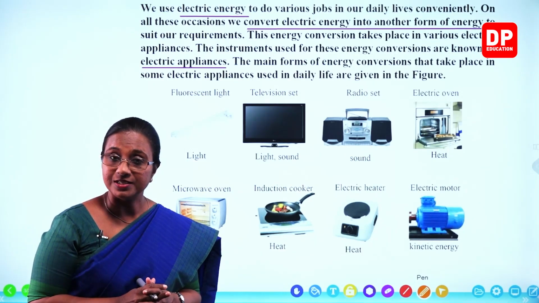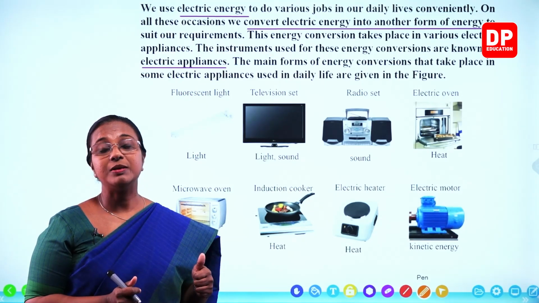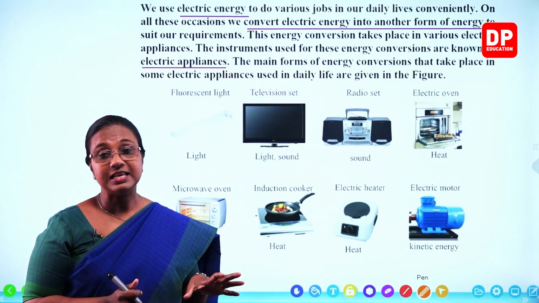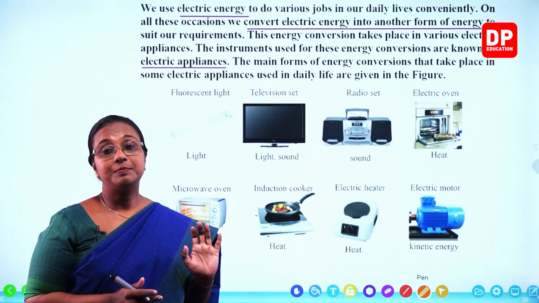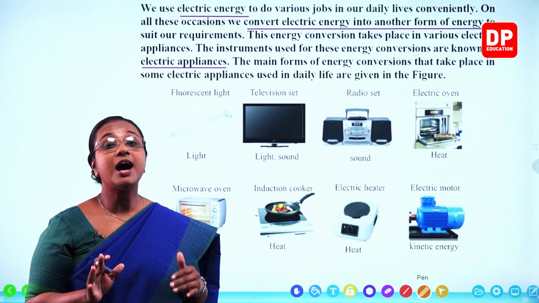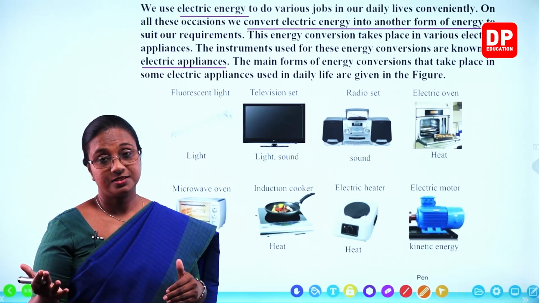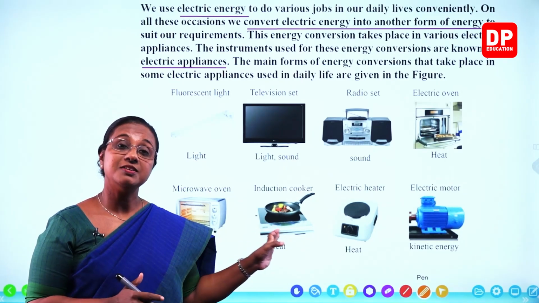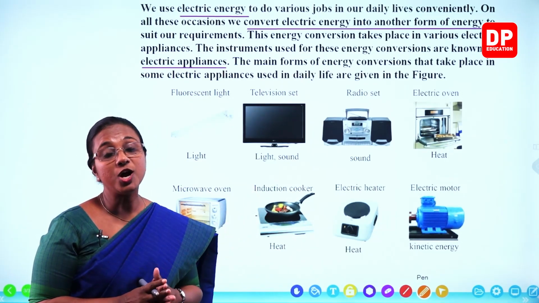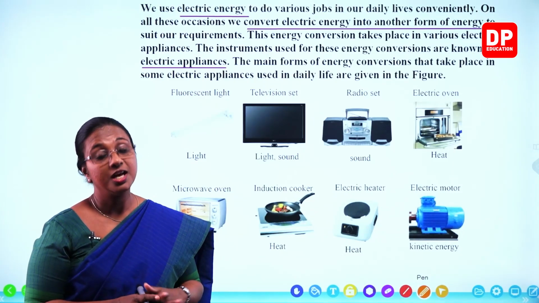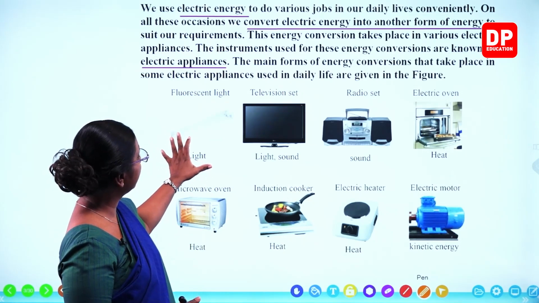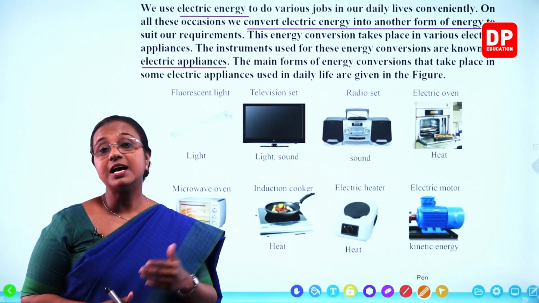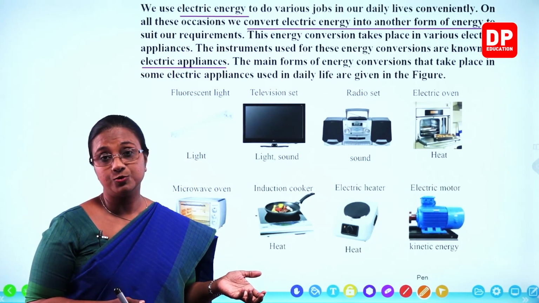Is that clear, students? That is one point you have to remember. The other thing is you have to know that electric appliances are not 100% efficient. There is efficiency, we will be discussing it, but they are not 100% efficient. And also, now these are instances where we look at the final type of energy that is produced.